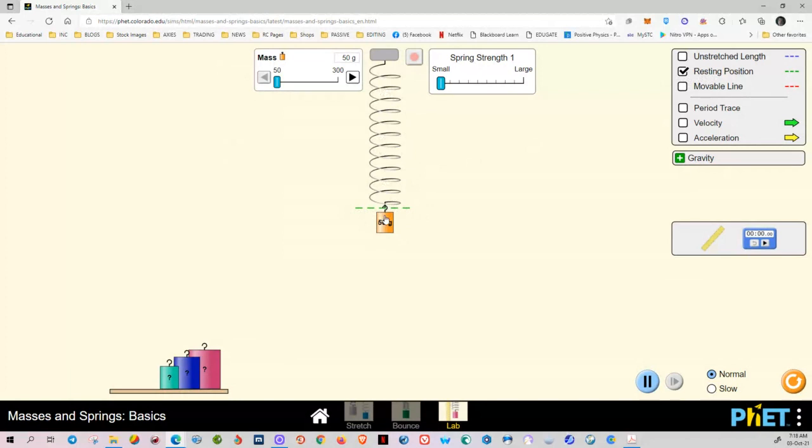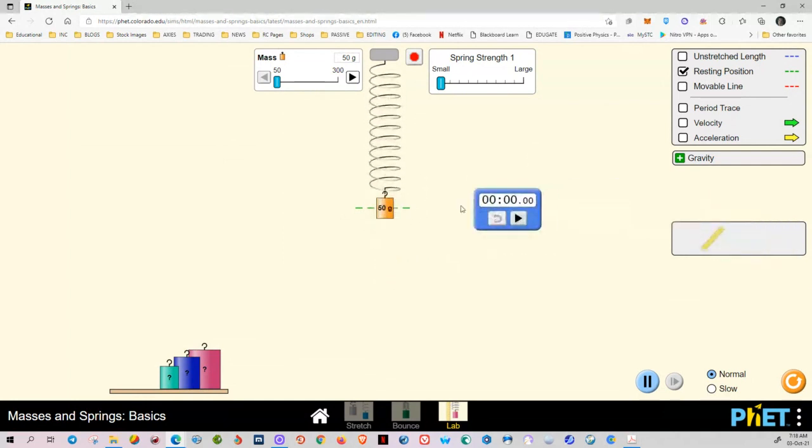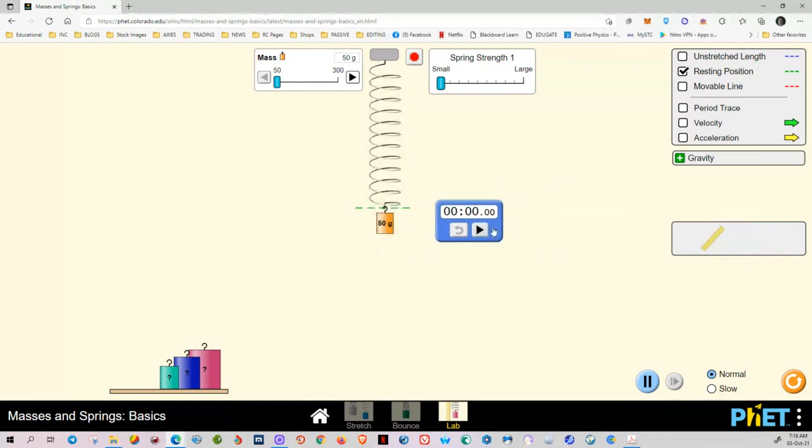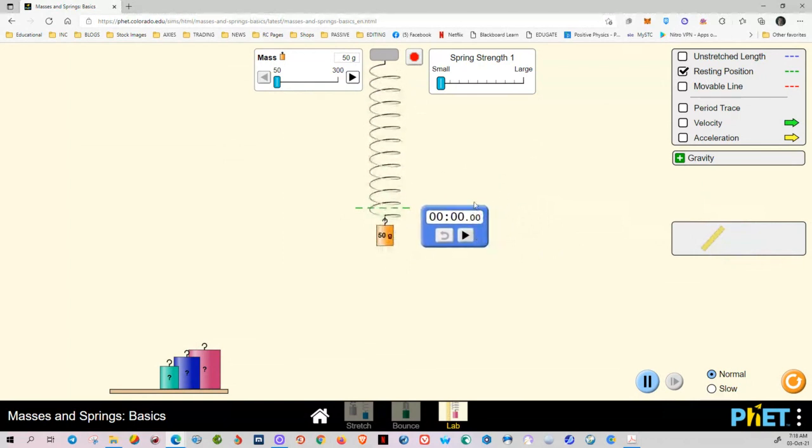That's the position of the spring when you don't pull it down. So what you want to do is to actually pull down the spring and set it to vibrate. And then we are going to use a stopwatch to take the time for 10 vibrations.